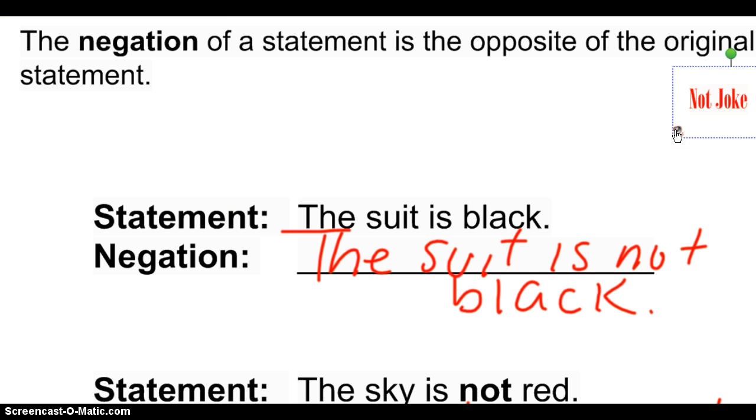Okay, it's blue-gray, but it's certainly not black, right? Let's say it's gray, but it's not. It is gray. So a not joke was, I would say, that suit is black. Not. This suit is not black. No, not has to be at the end. This suit is black, pause, not.